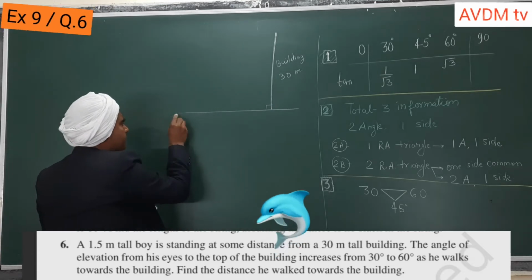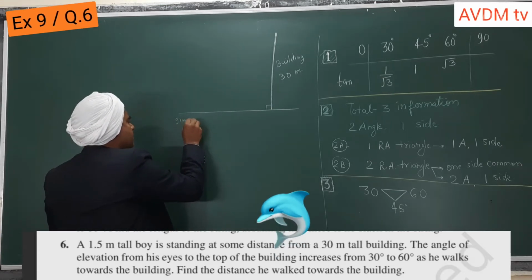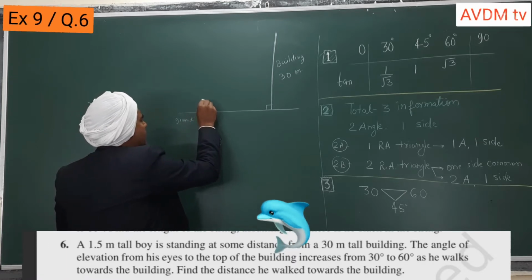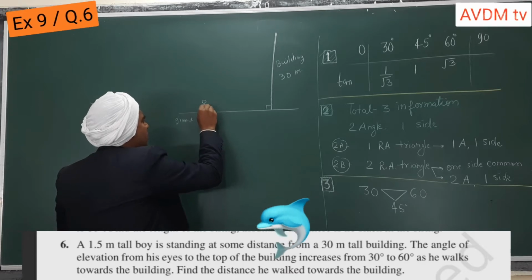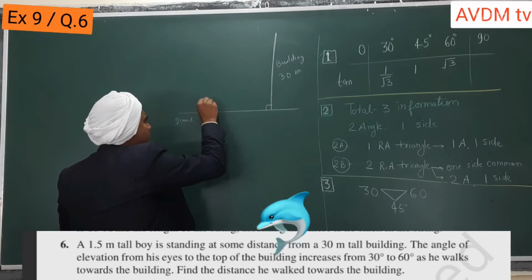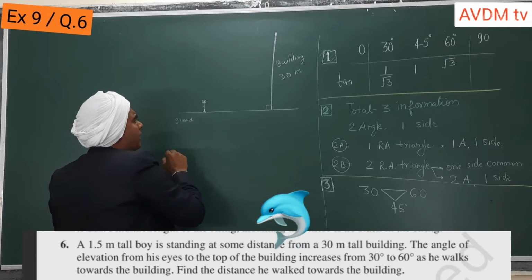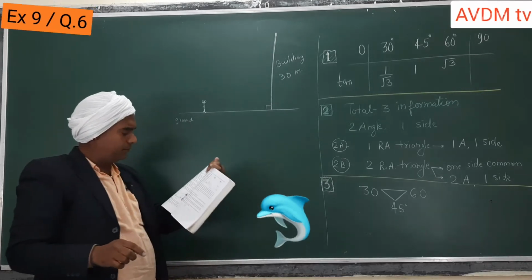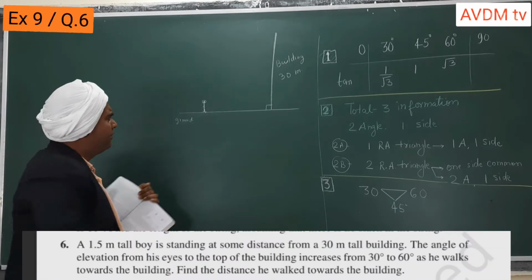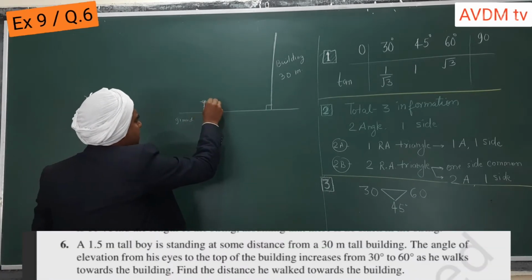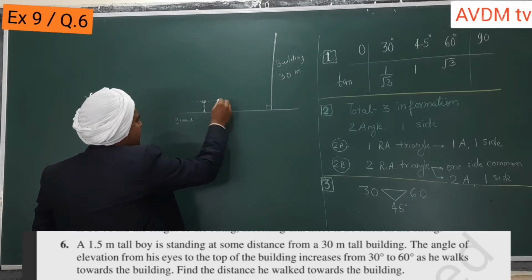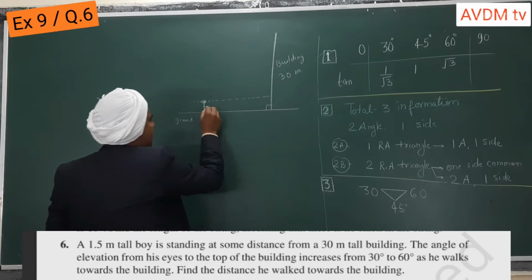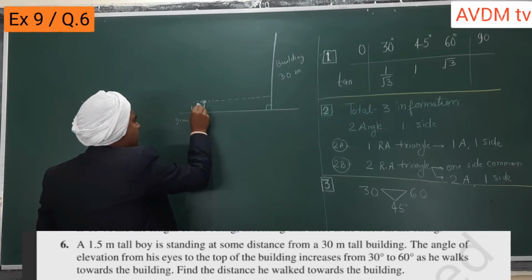This is the ground, and suppose this is the height of the boy, means we will make only a line, height of the boy. He was standing at some distance. So his height is 1.5 meter, this is 1.5 meter.